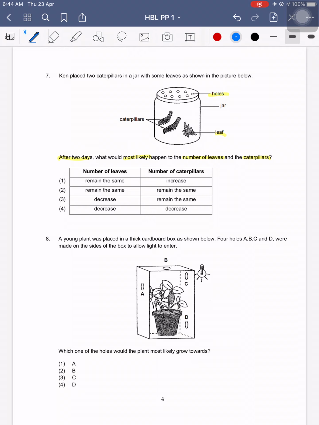Now we understand that caterpillars eat the leaves. So we should expect the number of leaves to decrease.